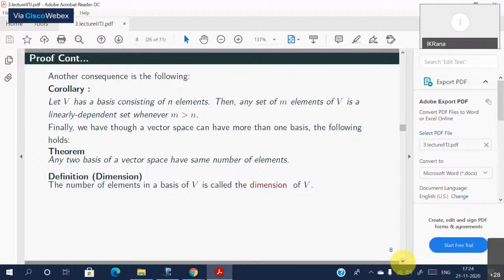And one can now ask various things. For example, does every vector space have a basis? Here, vector spaces are all subsets of Rn. We know for Rn we can give a basis, the standard basis: 1, 0, 0, and 0, 1, 0, and so on, with one at the ith place. That is a linearly independent set, and every vector is a linear combination of that.